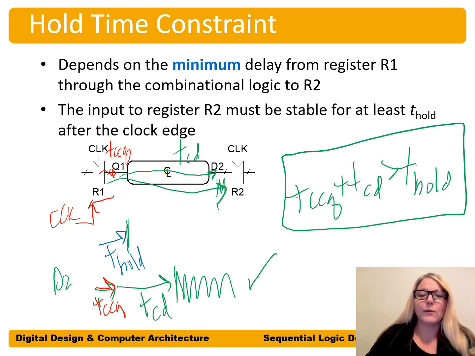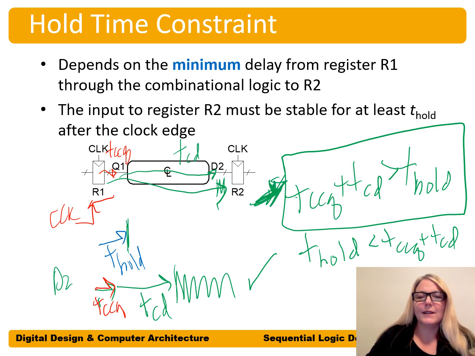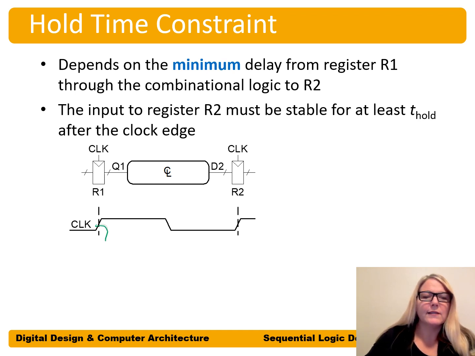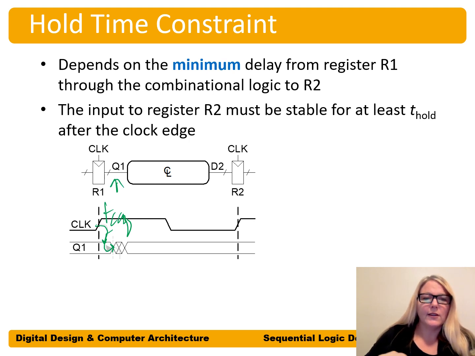Or you could write it another way, right? T hold is less than TCCQ plus TCD. Either way, this is probably the easier way to think about it, but it's just the same relationship. And so again, after the clock edge, the earliest time that the signal is going to change is TCCQ. Right, it'll start changing Q1, and then Q1 will drive a change through the combinational logic.